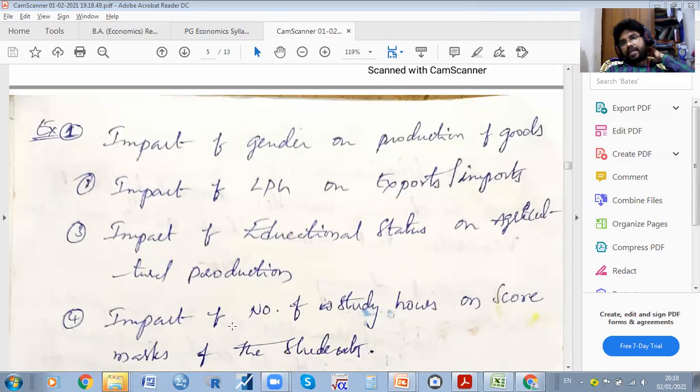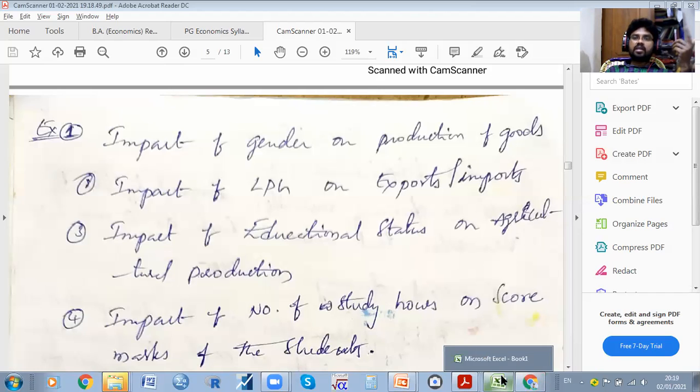And the impact of the number of study hours on the marks scored by students. For example, if you study 8 hours per day, how much do you score, and if you do not spend 8 hours, how many marks do you get?